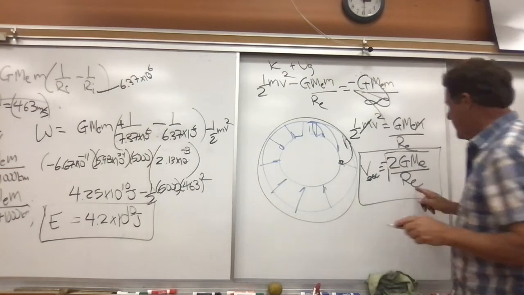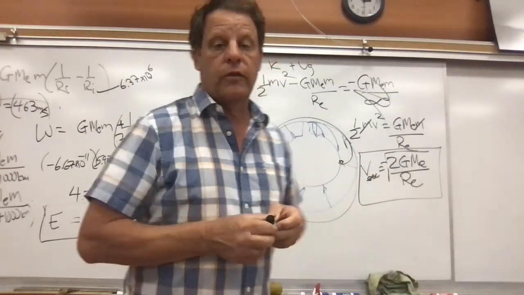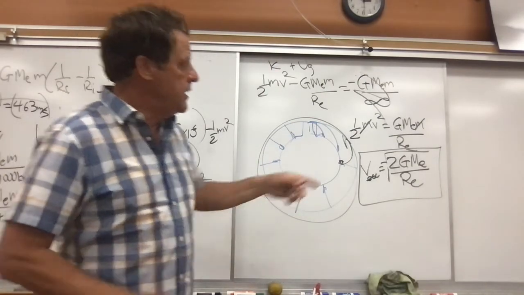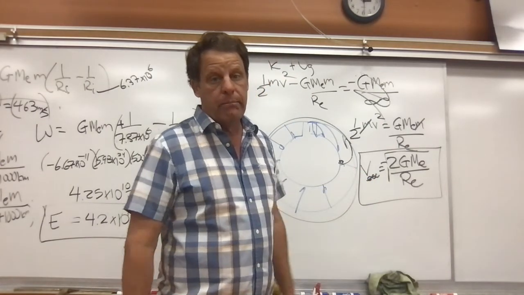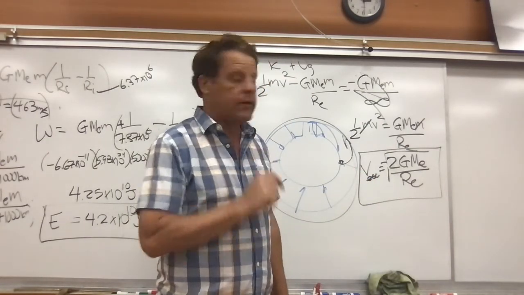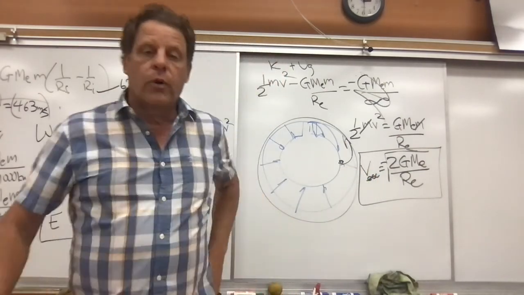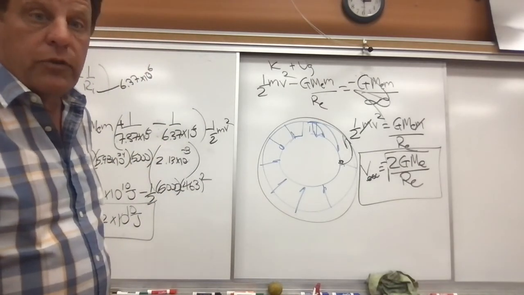Now, if we were at some location that was above the surface of the Earth already, then we would not need to go as fast, because we'd already be a certain distance away. So this is the equation for the escape velocity, and in this case, it's to get away from the surface of the Earth.